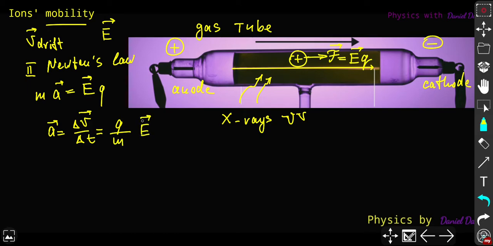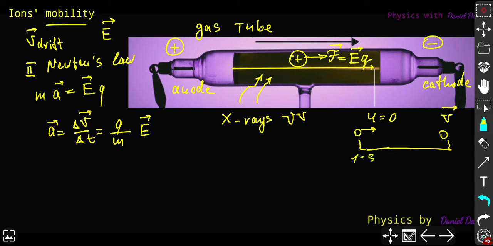Okay, so right now we can integrate, and that means we have basically velocity between two consecutive collisions from some starting point to the final one. Let's assume that the initial velocity is 0, so we are going to find out the final velocity right before the second collision.